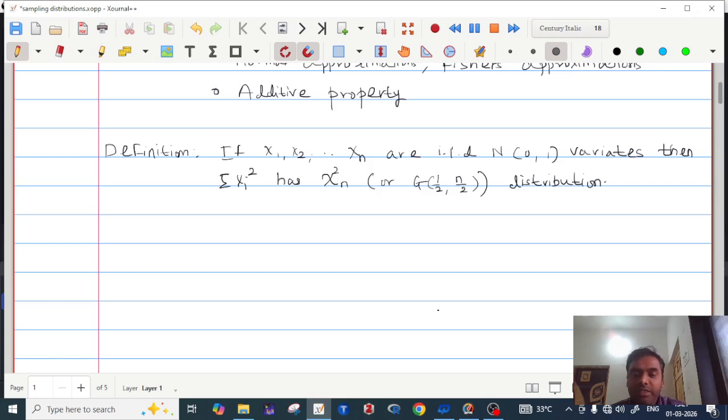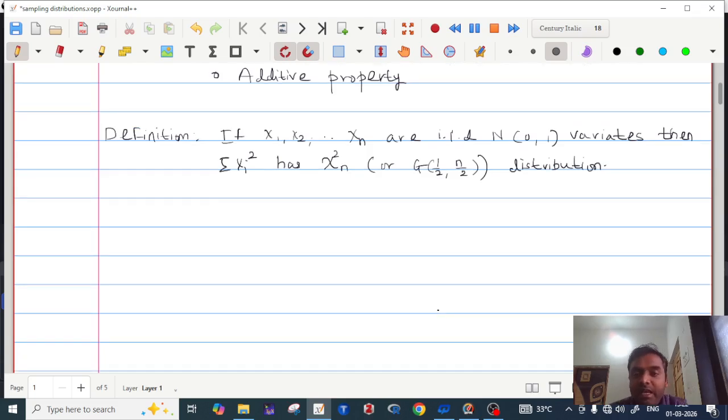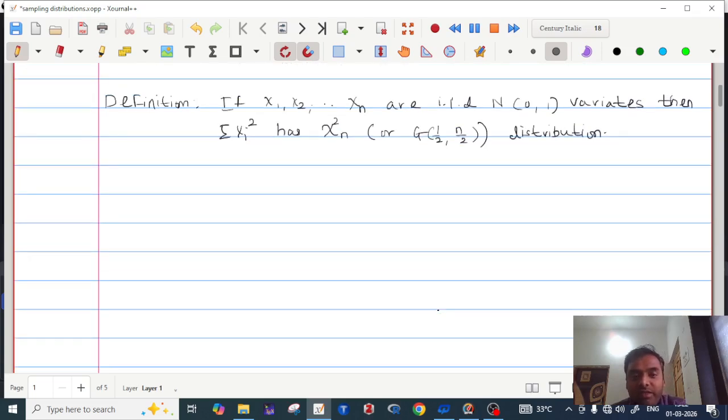So chi-square distribution is defined as: if xi's are IID normal 0 1 variates, then summation xi square follows chi-square with n degrees of freedom, or equivalently it is gamma 1 by 2 comma n by 2 distribution.